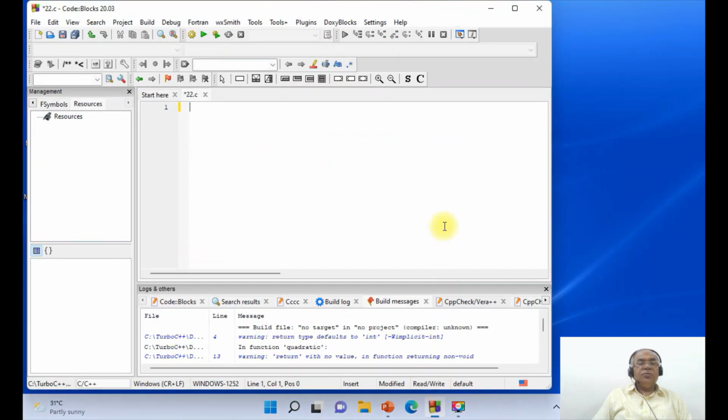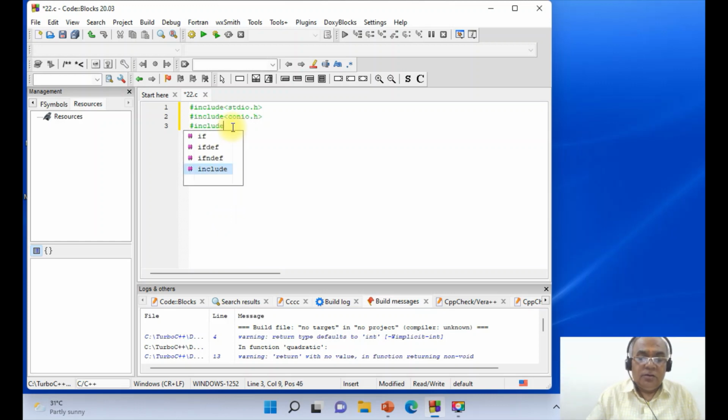Now we are going to try to enter this program by using Code::Blocks. First we include some of the header files: include conio.h, then include math.h because we have square roots here. Then we go for the quadratic function, which takes float a, float b, and float c.